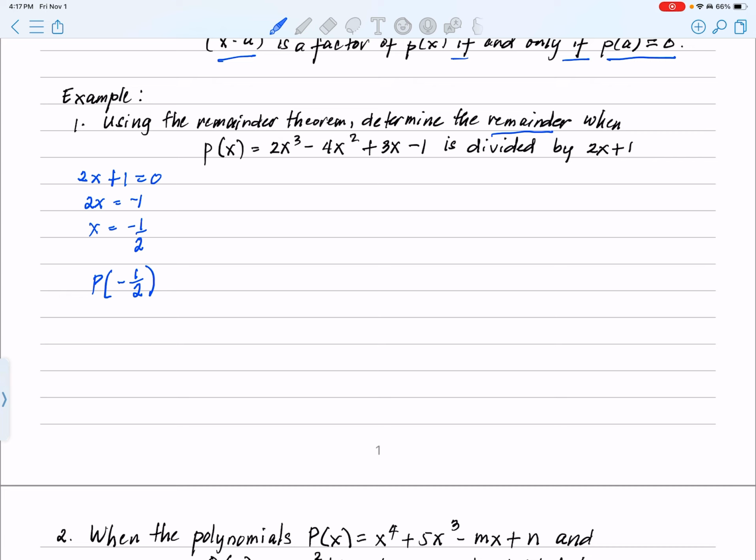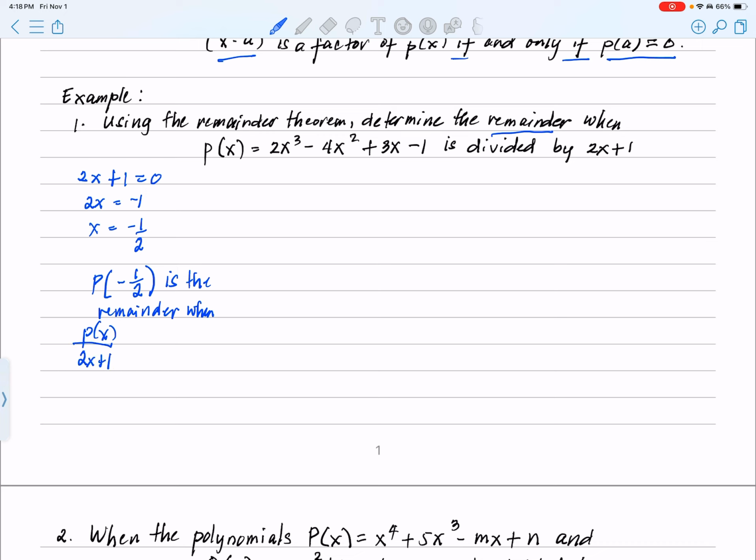Okay, p of negative 1/2 is the remainder when p of x, that is 2x cubed minus 4x squared plus 3x minus 1, is divided by 2x plus 1.